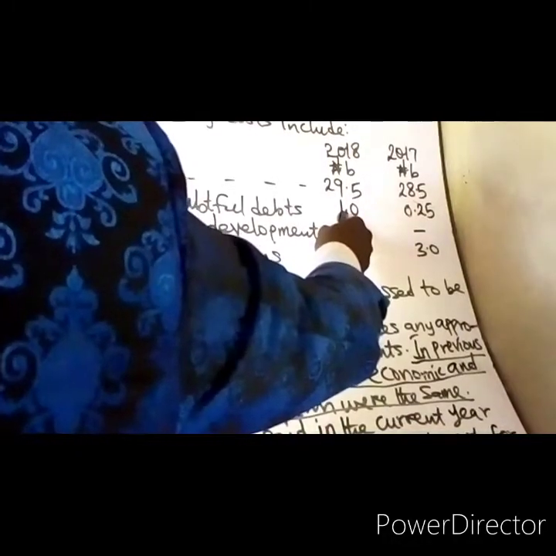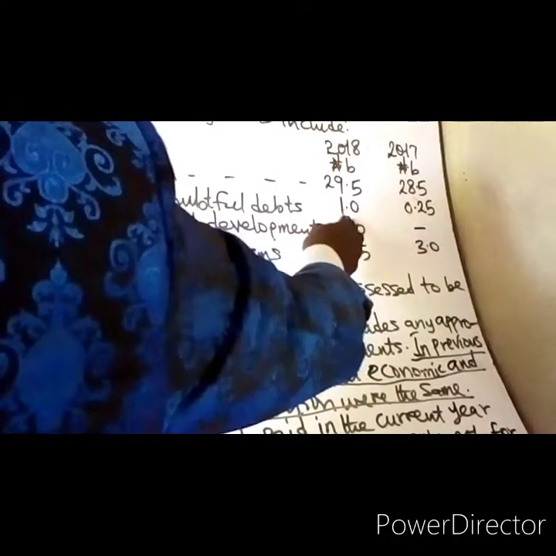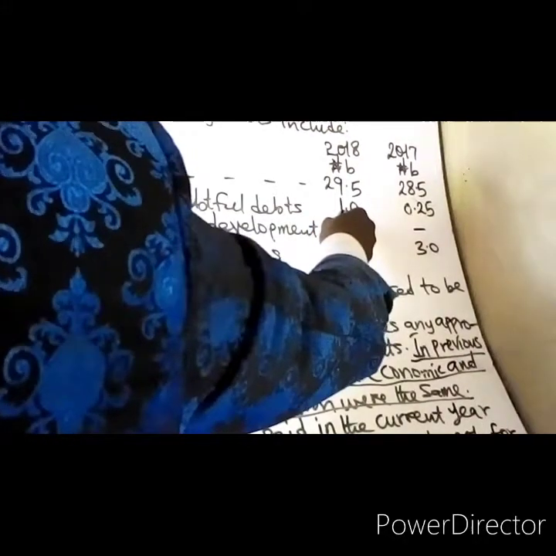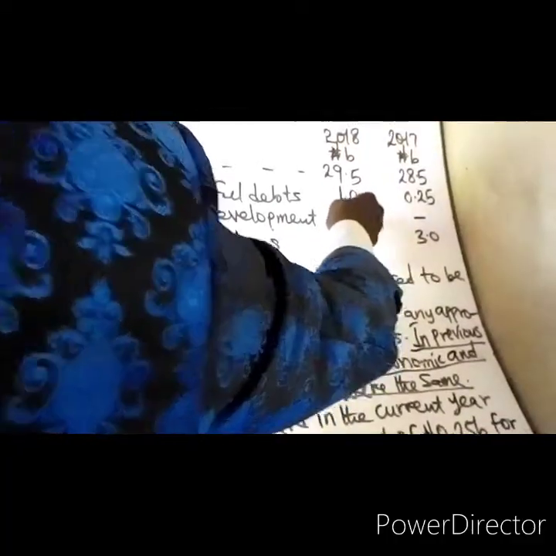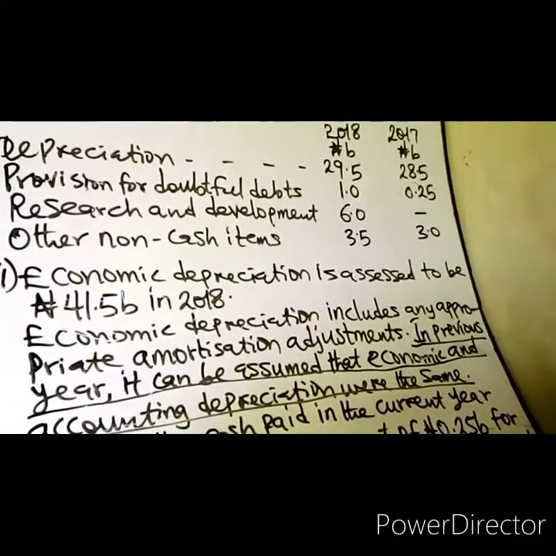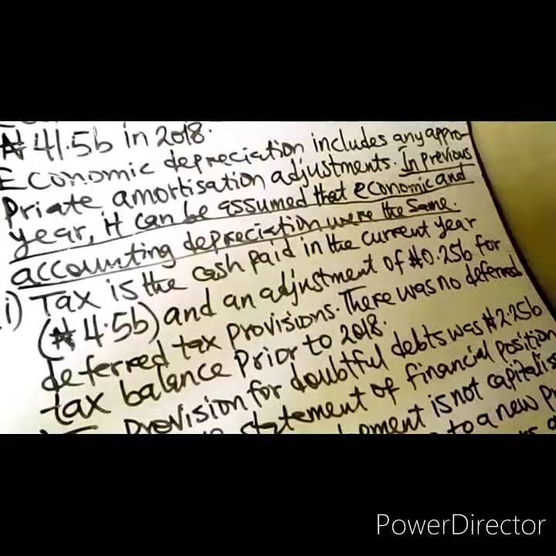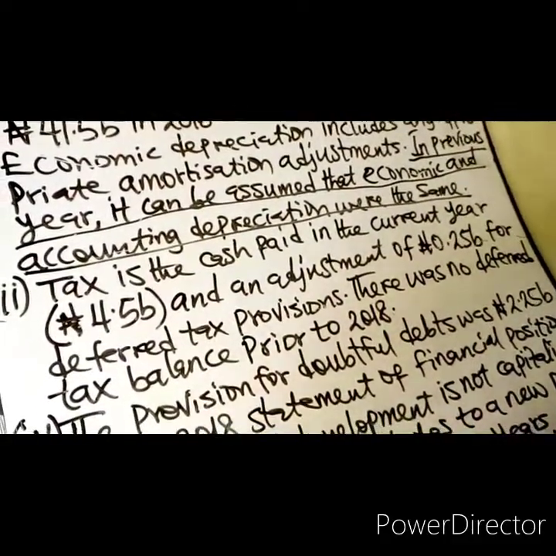Therefore, to get the amount that will be used, this is the increase in 2018. Increase means the amount by which that of 2018 exceeds that of 2017, meaning that of 2017 is not up to 2.25 billion. It is the increase, the amount by which this one exceeds that of 2017, that has been used in the statement of financial position.